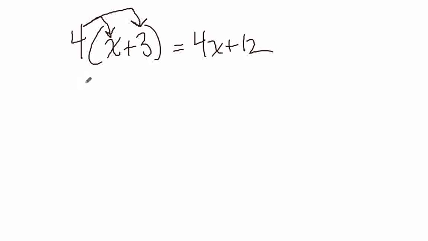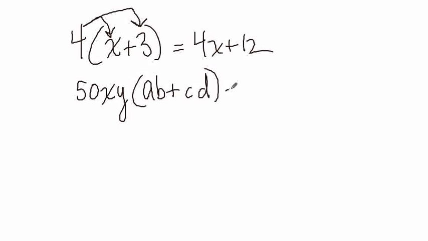And you can have more complicated distributions, like maybe you have 50x times y on the outside, and maybe on the inside you have the product AB plus CD. Still the same idea. You still take the blob on the outside and multiply it by each of the blobs being added or subtracted inside the parenthesis.